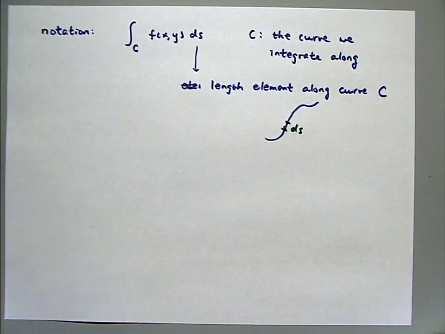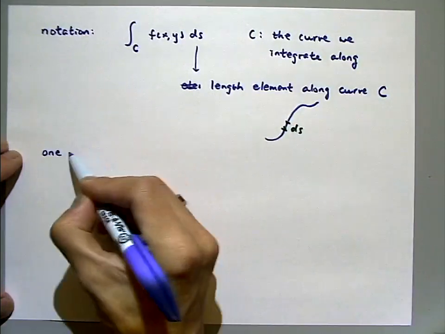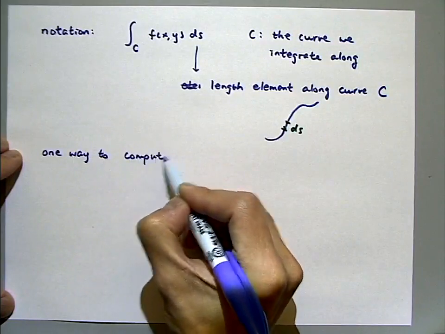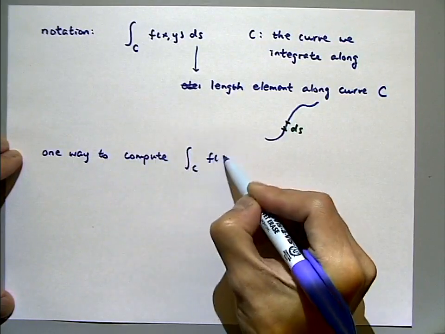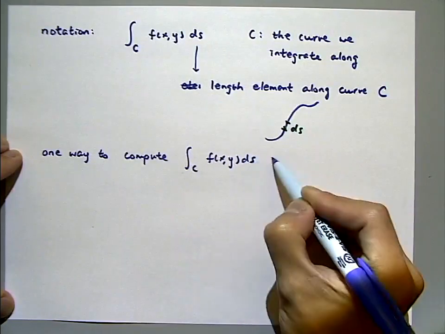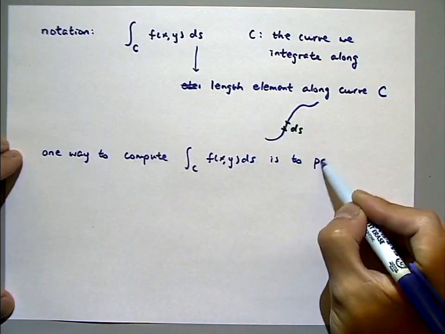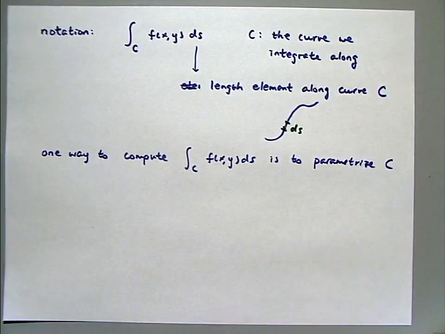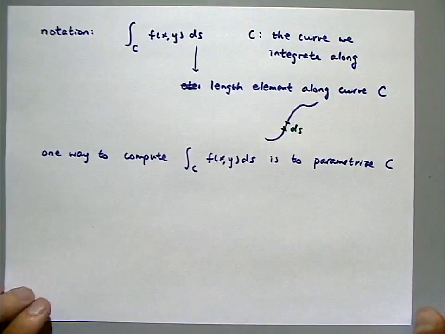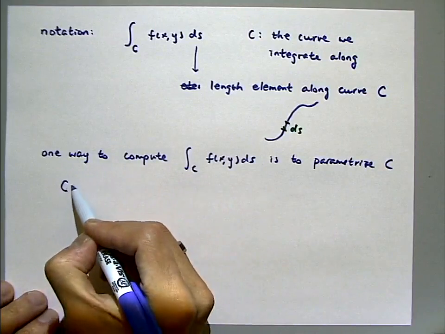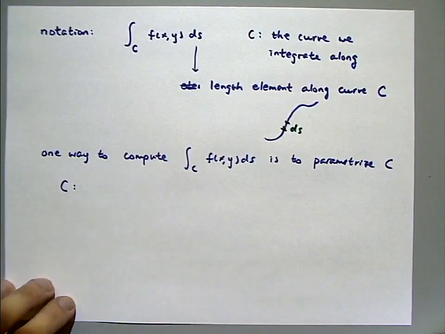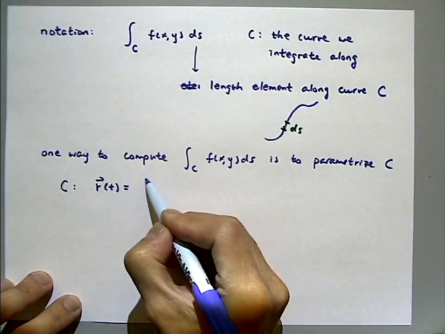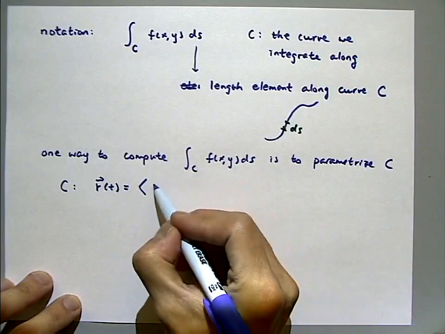Now, one way to calculate the integral along the curve C of f of x, y ds is to parameterize the curve C. So we're going to say that C is some space curve r of t, which is a vector function.